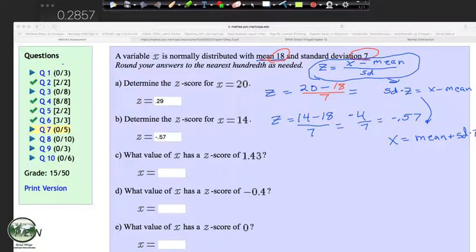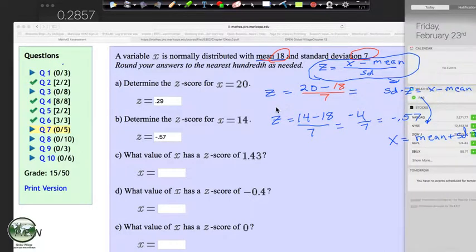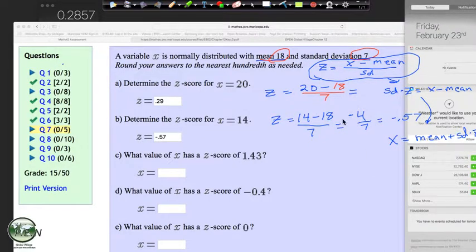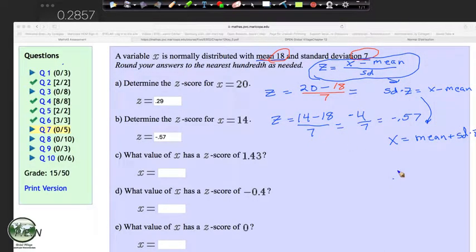Okay, so this is just going to be an easier one, instead of plugging it into the other calculation and then solving. So x equals the mean, which is 18.